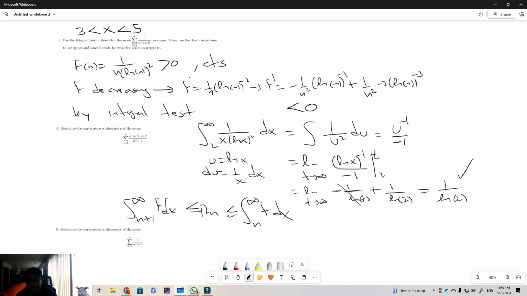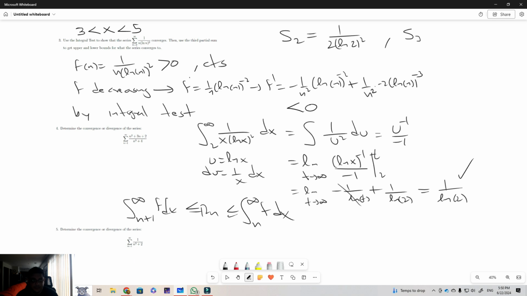So since we're going for the third partial sum, which by the way starts from n equals 2, the term at x equals 2 will be just 1 over 2 log of 2 squared, right?